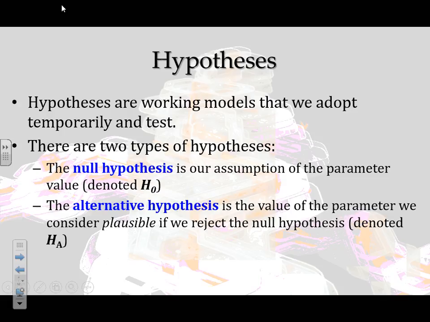We're not saying he claims he shoots 80%, there's our null, and we claim he shoots 75. That's not how it works. We can't have a competing claim that's equal to an actual value. The only thing we can do is say it's less than, greater than, or not equal to, which we're going to get into in a second. So when it says the value, it should probably say the values of the parameter we consider plausible, because it can only be a range.